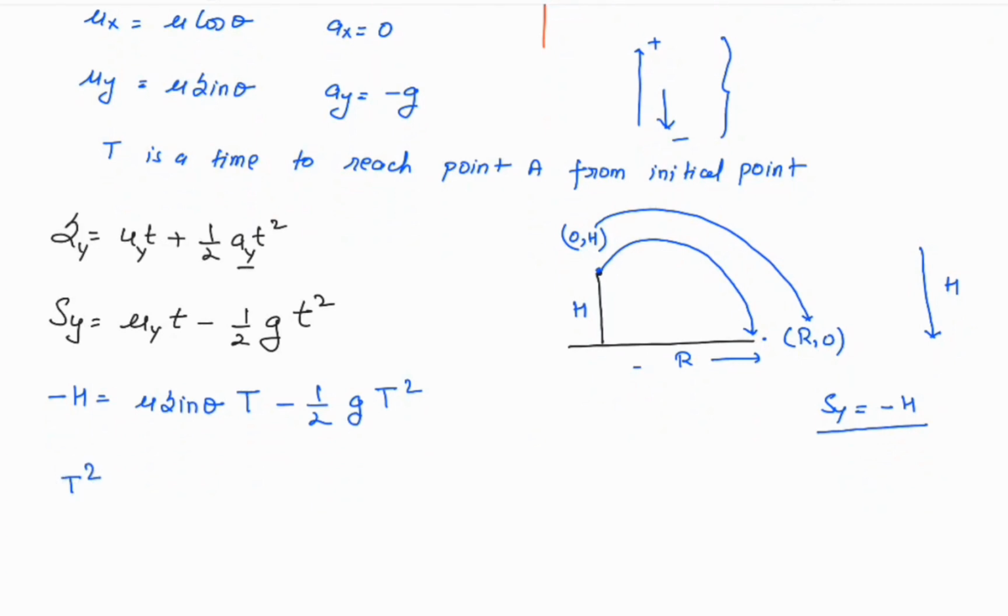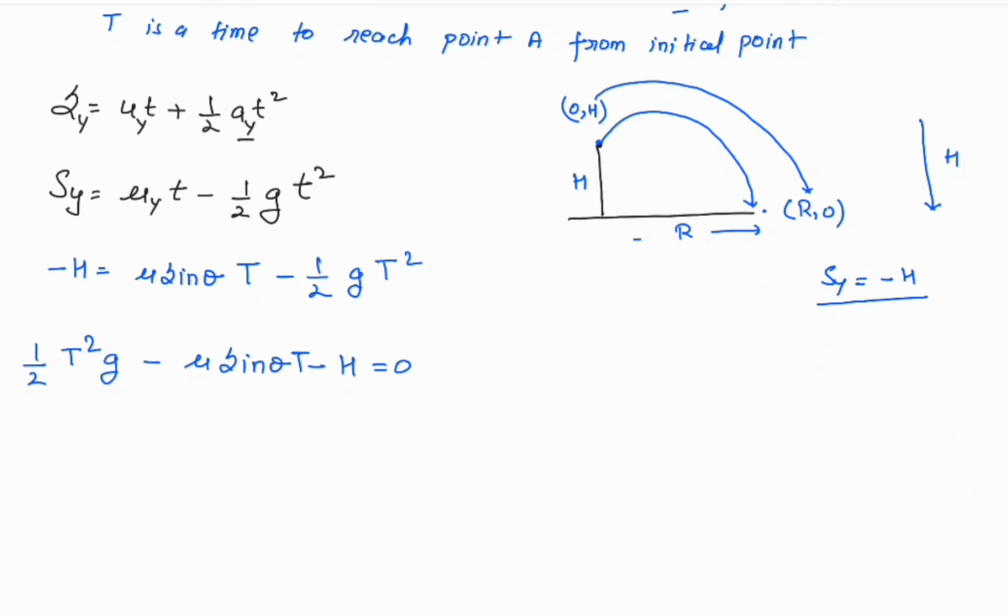Taking everything to one side, half g t square minus u sine theta t minus h is equal to 0. Now I'm going to multiply the whole equation by 2, only multiply with 2, okay? g t square minus 2u sine theta into t minus 2h is equal to 0.